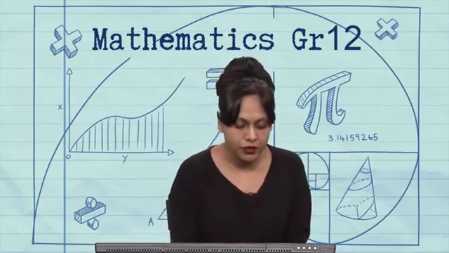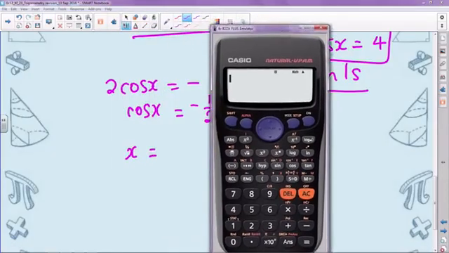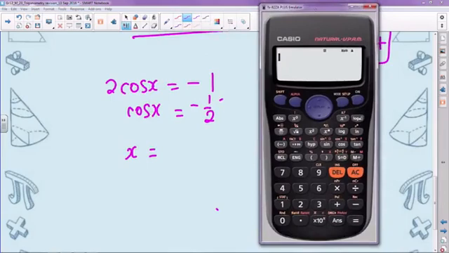The way I'm going to do it should really be the way most of you start learning this at school. It is the more improved version of working out a general solution. I'm going to say shift cos, and I put in the negative a half. Okay, and you get 120 degrees.